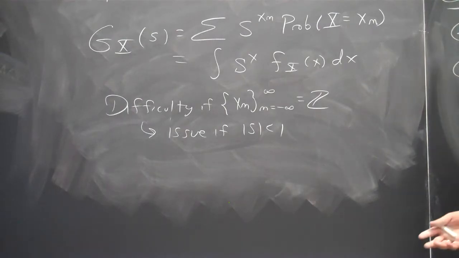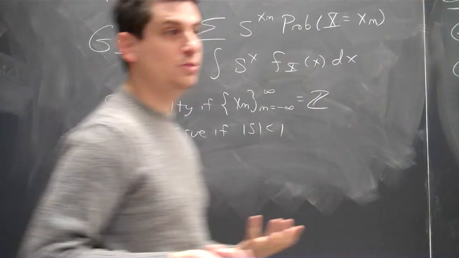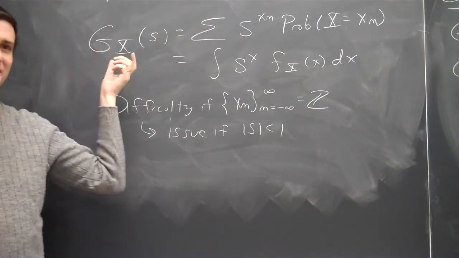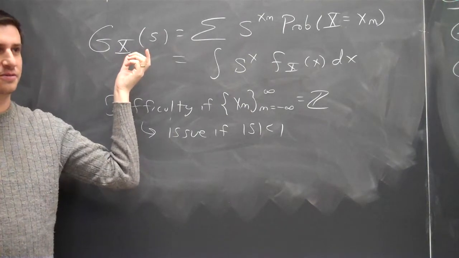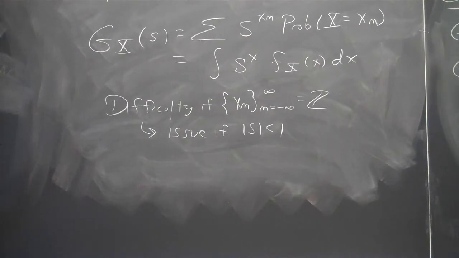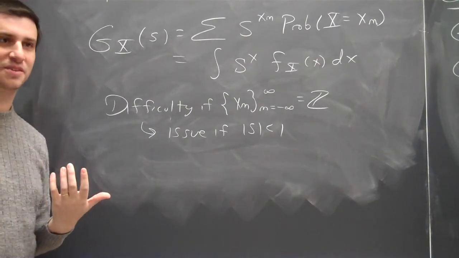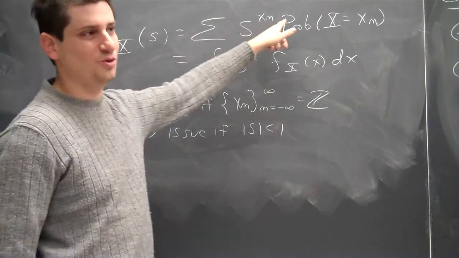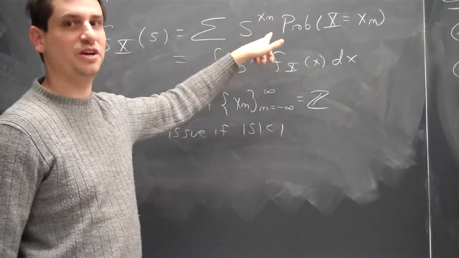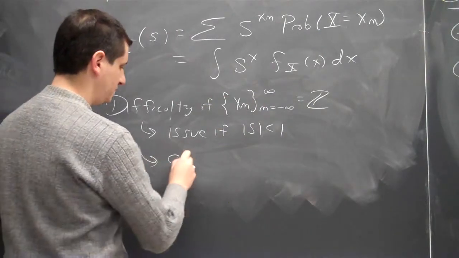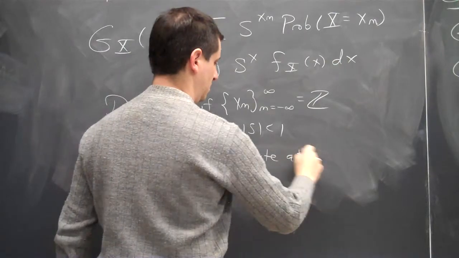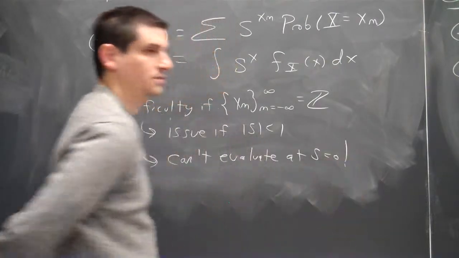I'm not that impressed. x equals 0 is our basic point to study things. What's the basic point to study a generating function at? What's the simplest value of s to choose? 0. And if you have negative values, now we have 0 to a negative power. Can't evaluate at s equals 0.